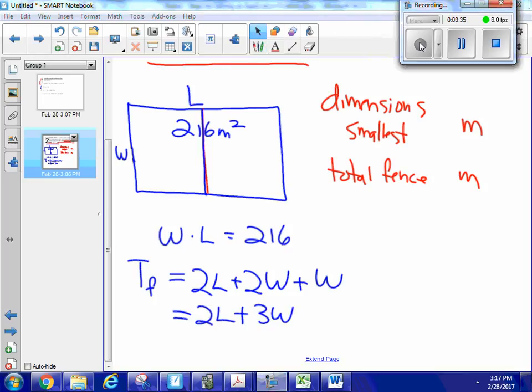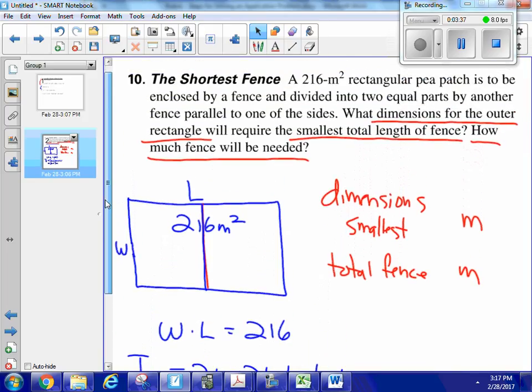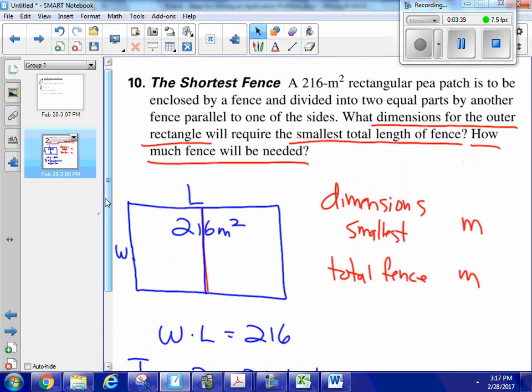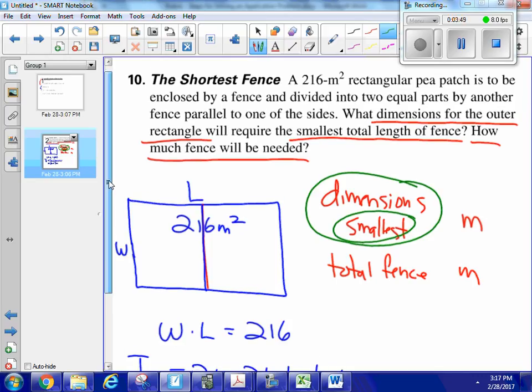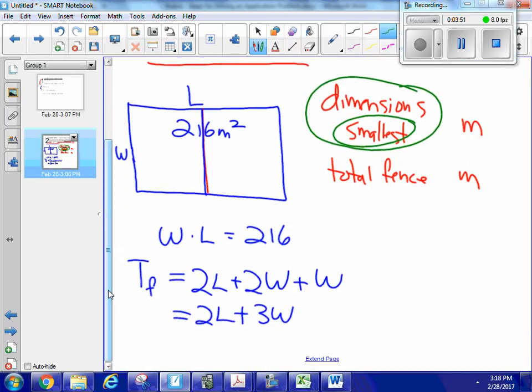If I go back to my question, I'm trying to find the dimensions that will make the outer rectangle require the smallest total length of fence. So I need an equation for the total fence that is going to allow me to do an optimization, a minimum or a maximum type of analysis using my calculus.